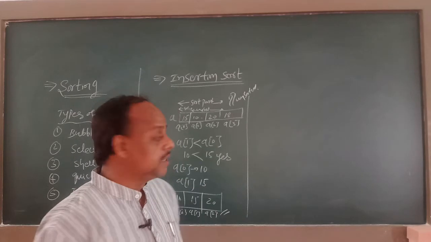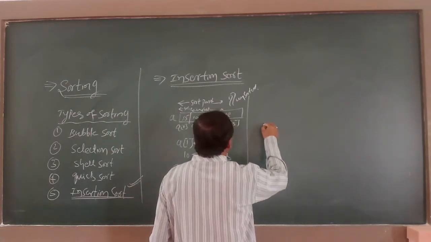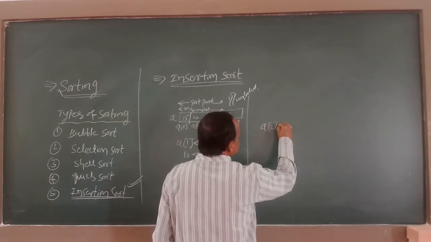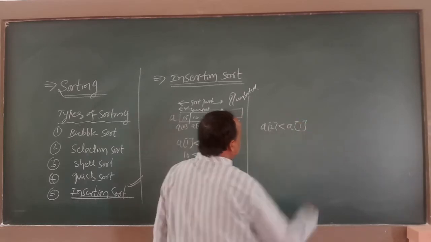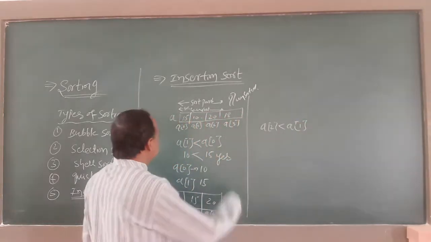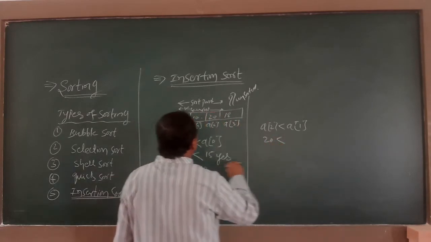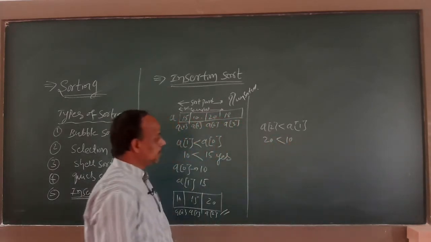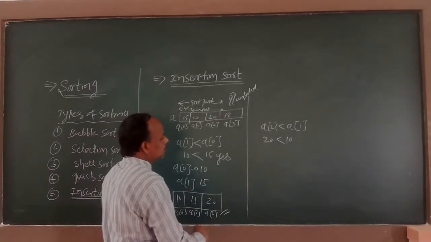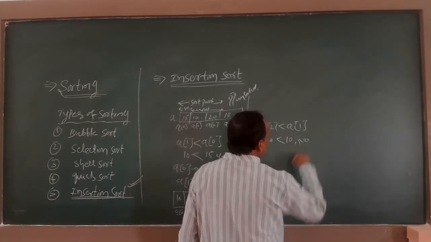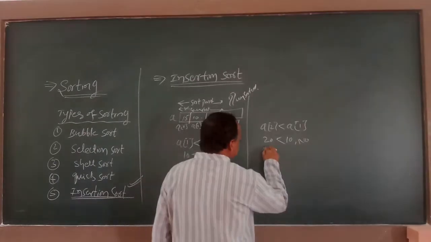Is A of 2 less than A of 1? A of 2 means 20, A of 1 means 10. Is 20 less than 10? No. Yes means we have to interchange. No means go for the next step.